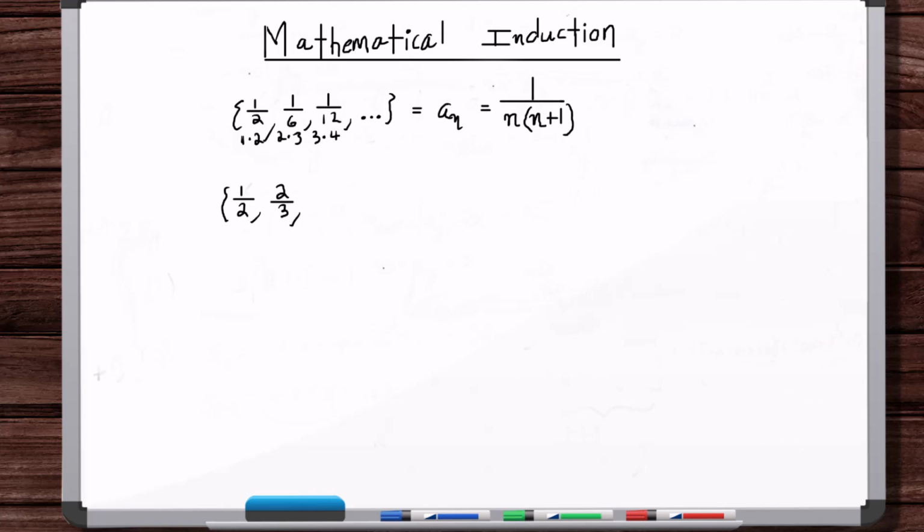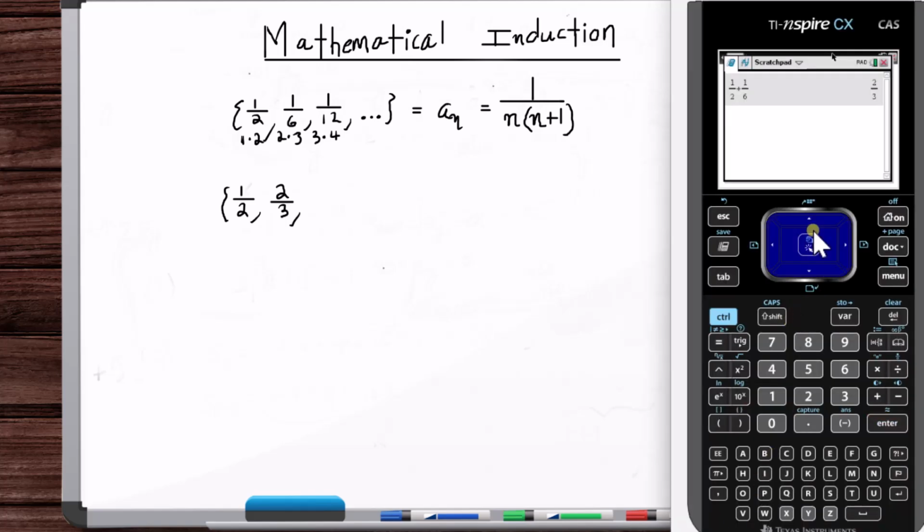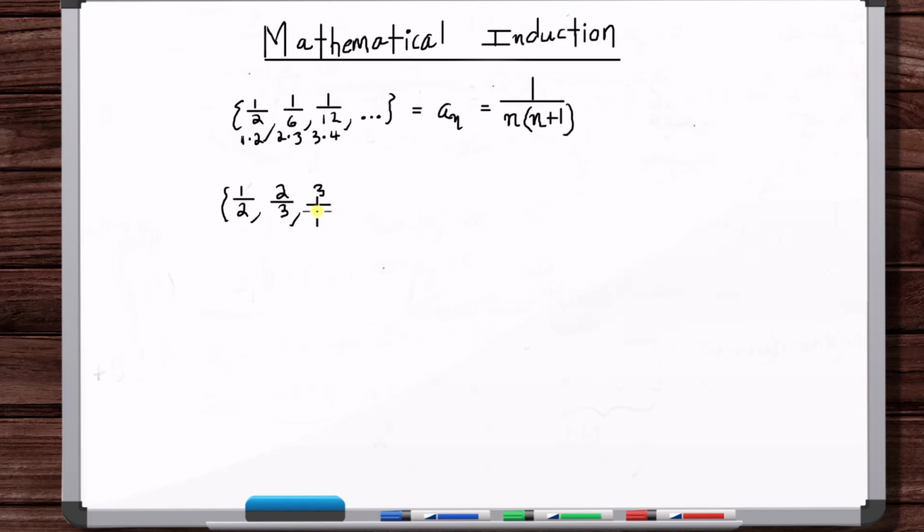Then 2/3 plus 1/12 is the sum of the first 3 terms, so 3/4. This is a potential S sub n.